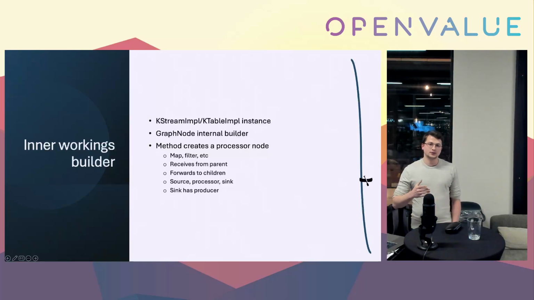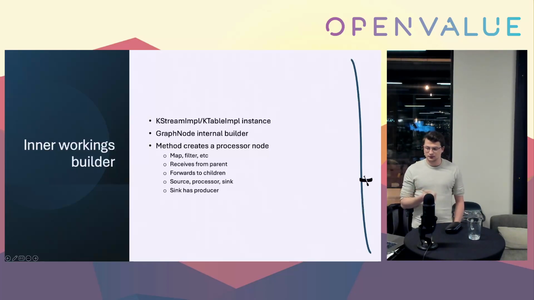And what then happens is that when you start processing, it will receive data from the parent in that builder. Then that data goes to the node. That node does a certain operation on it, for instance, the filter or the map, and then it will forward it to the children. It can have one or multiple children, and it will forward the data to these other stream nodes.